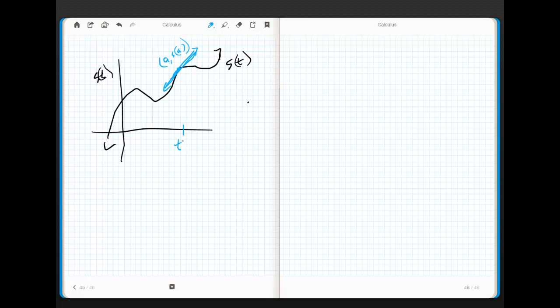And this is going to be t equals A. If I can figure out the slope of this tangent line, remember, this is really v of A. I can figure out exactly how fast that particle is going at that point in time, which is pretty revolutionary.